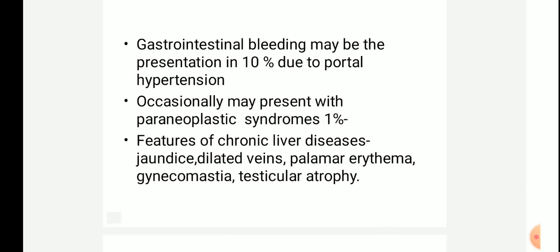GIT bleeding, such as esophageal varices, or even bleeding per rectum, is due to the increased pressure in the portal system. Jaundice, dilated veins, palmar erythema, gynecomastia, testicular atrophy are all important findings in HCC.